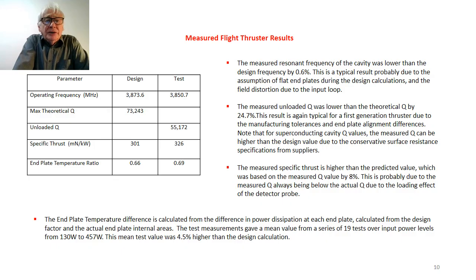The measured specific thrust, which you see from the table, was slightly higher than the design specific thrust. We got 326 millinewtons per kilowatt as against 301 millinewtons per kilowatt for the theoretical value. And this 8% difference, we believe, was due to the measured Q that we were using to calculate the specific thrust for the theoretical design.